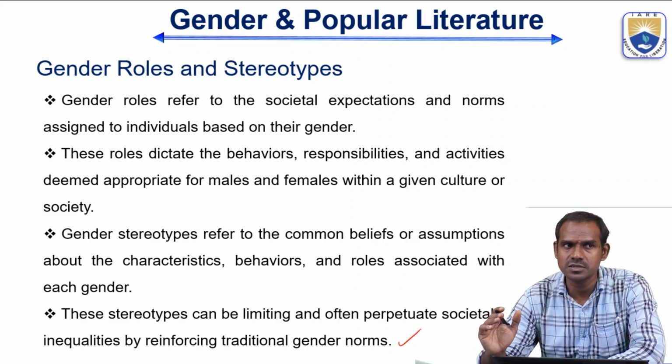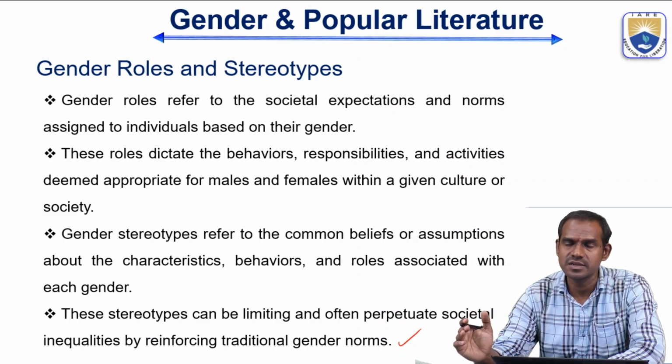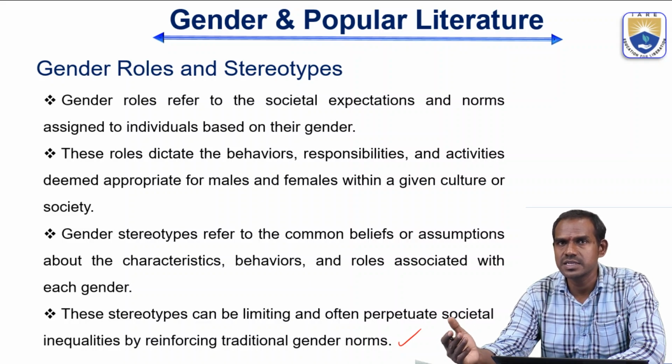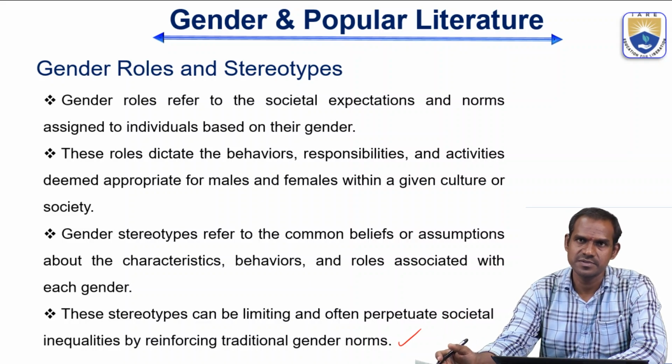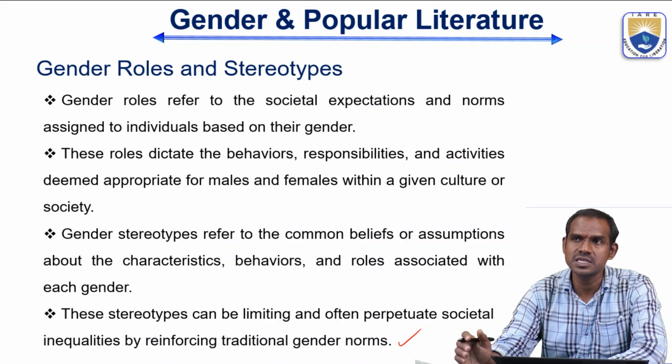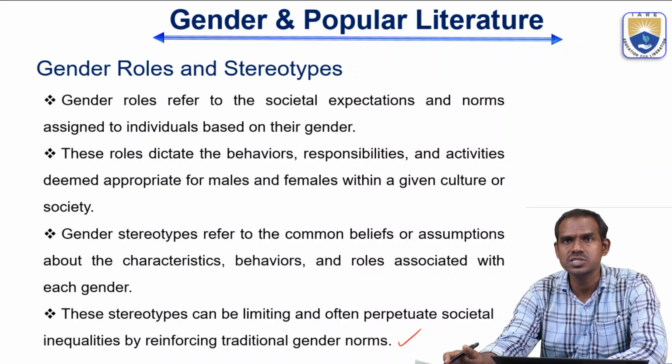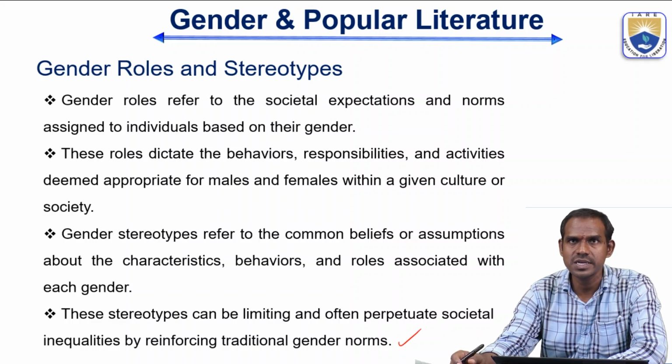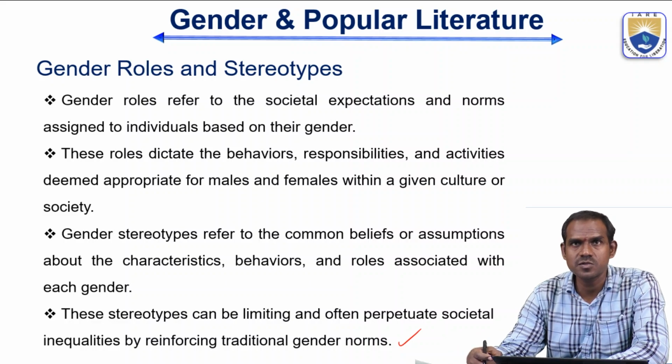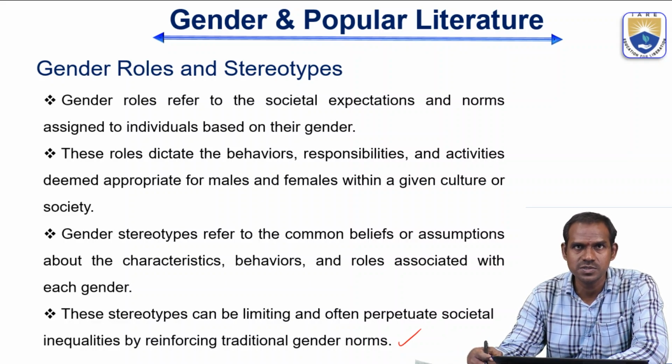Whatever the task or function that a male can effectively perform, the same can be performed by the females as well. Then we can say that gender equality has arrived and gender sensitization will be achieved. So that is how gender roles and stereotypes can be introduced.